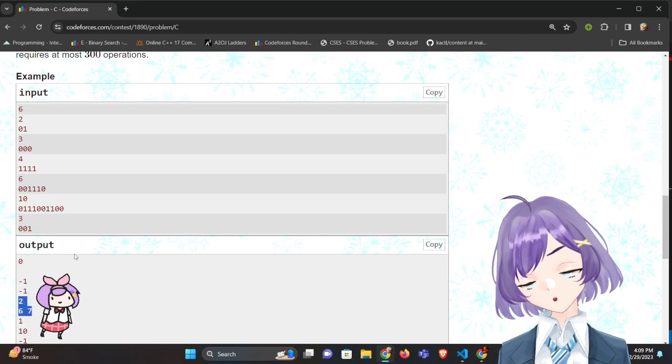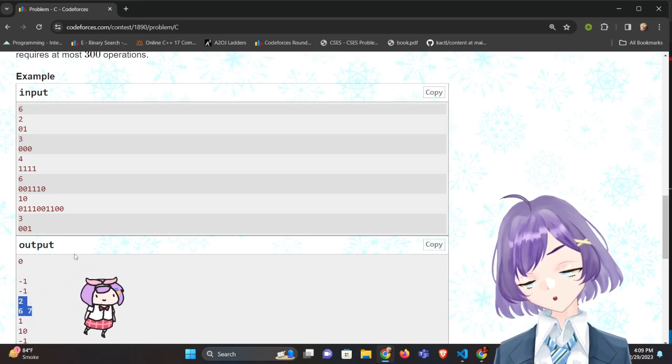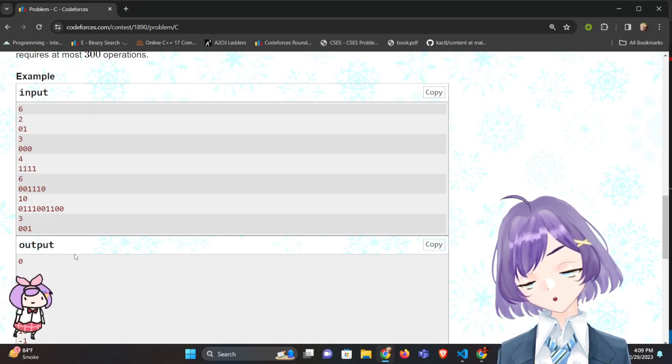So if I encounter 0 and 1, sorry, if I encounter 1, I will have to make two integers for the displacement of I and j for the answer.